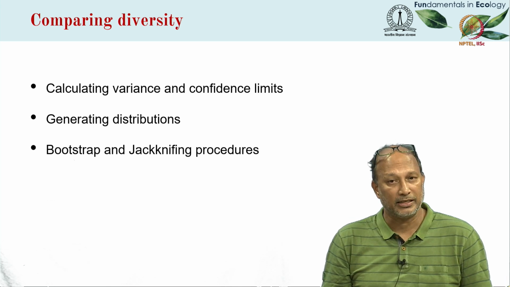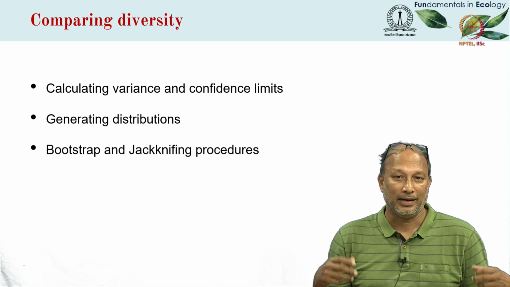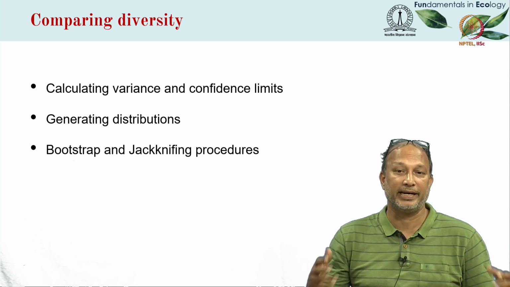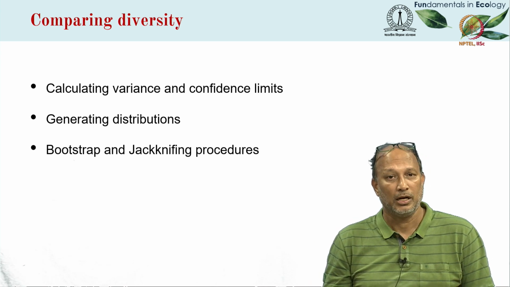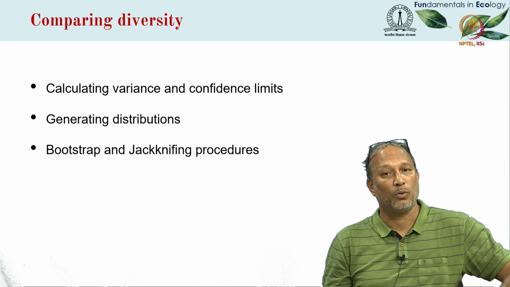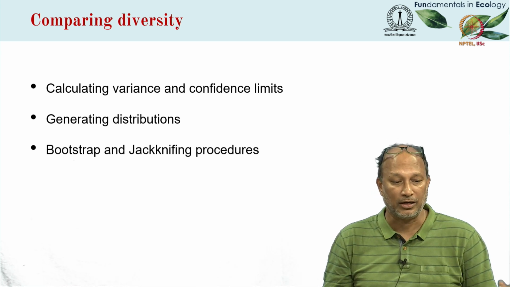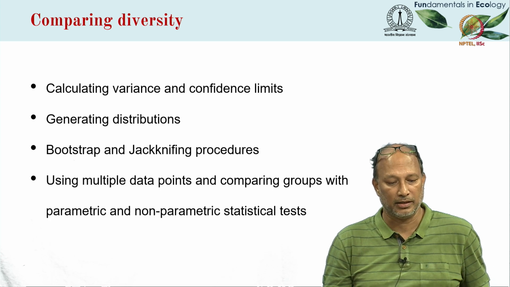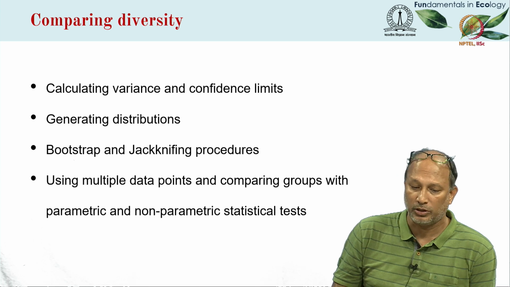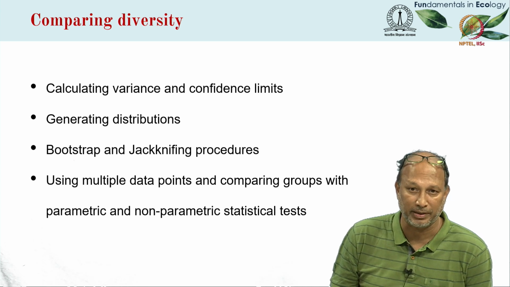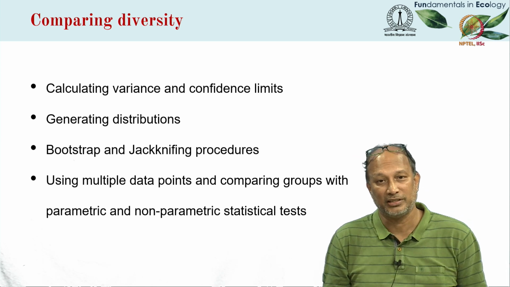So we can subsample our actual data, and using those subsamples, we generate multiple values of diversity or of any particular index that is of interest to us, or species richness itself, and that distribution of values allows us to calculate variance and confidence limits. We can then use these resampled data to compare groups using either parametric or non-parametric tests to arrive at inferences about the ecological questions that we started with.